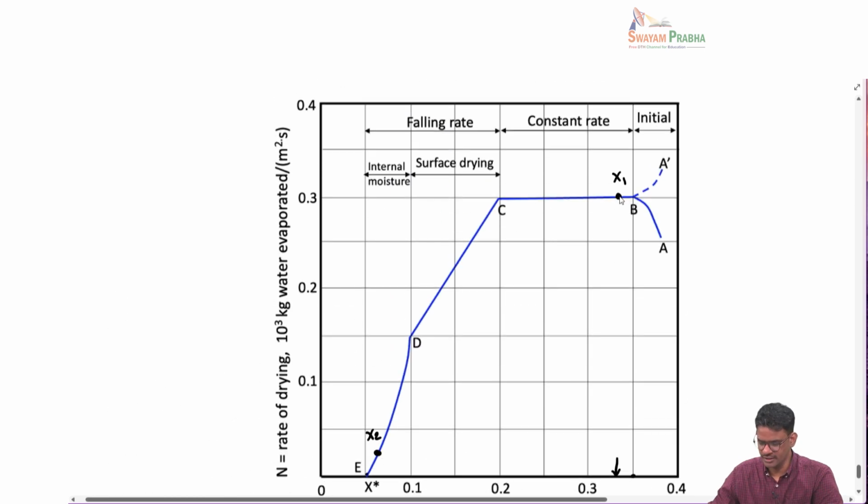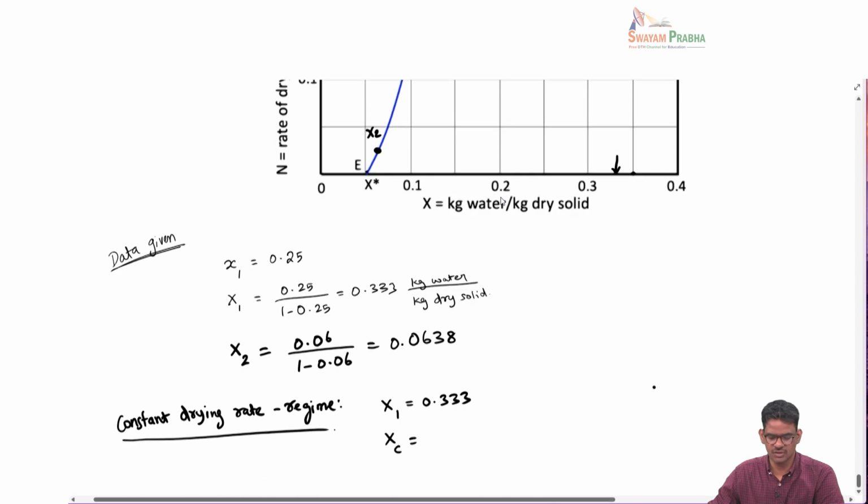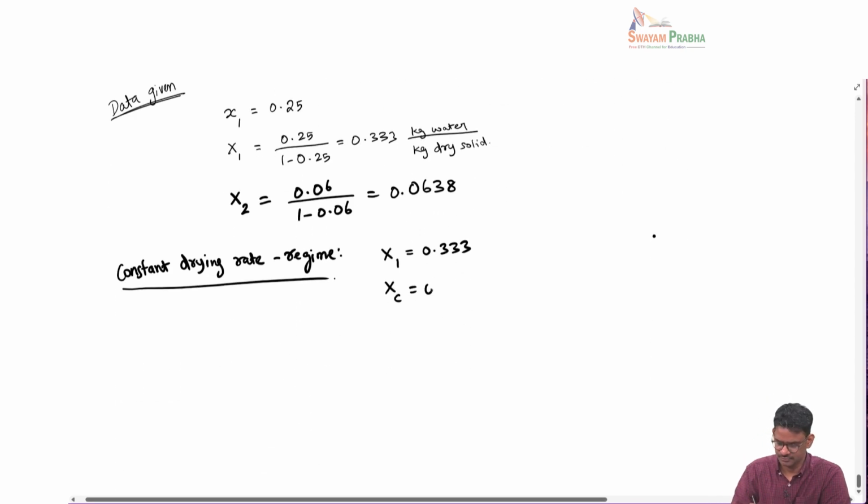So from 0.33 to 0.2, it is the constant drying rate. Same unit for X1 and Xc.